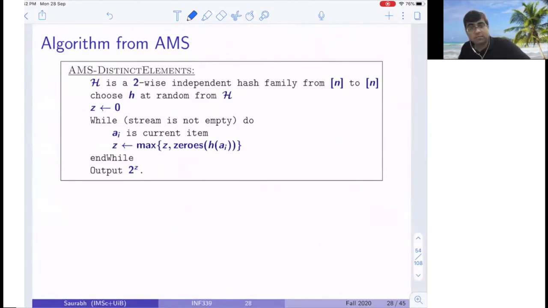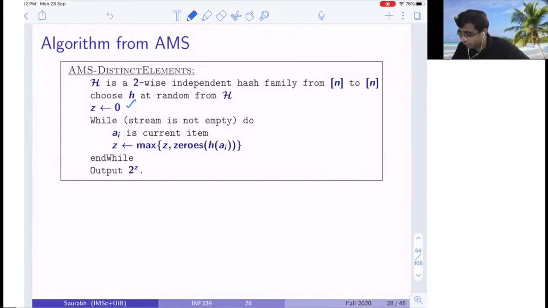My algorithm is basically a 2-wise independent hash family H from n to n. We choose h randomly from H. We initialize z to 0. I just want to remember the highest level of this pyramid that any of my h maps to. So a_i is the current item. I look at zeros of h of a_i.